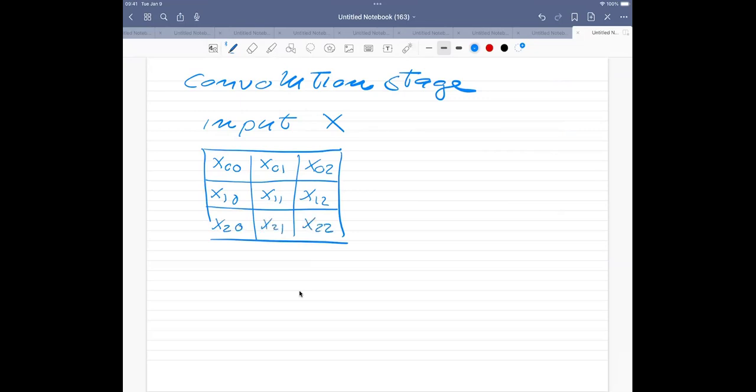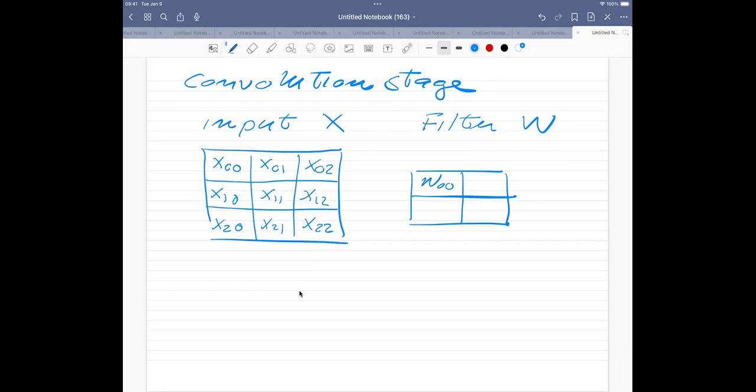This is the input, and now we have a filter. So we are going to take a filter, which is a 2x2 filter. So we call this a convolutional filter, W. And this is going to have 4 elements. So these are the elements we want to train.